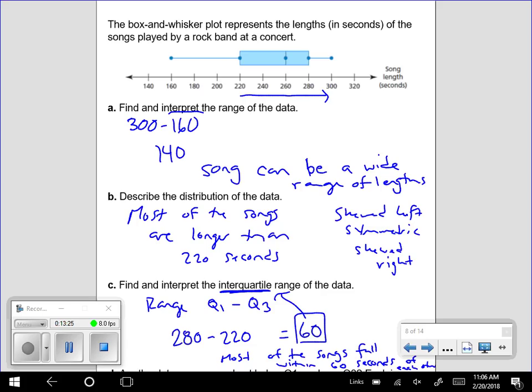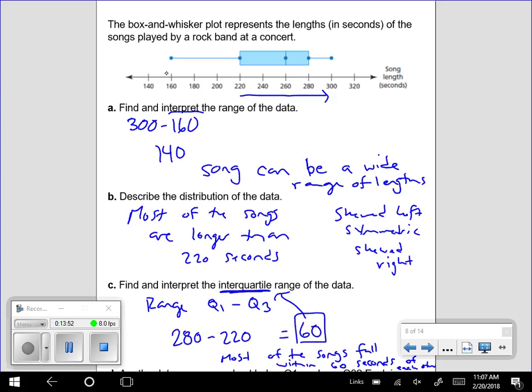And then there's one question you can't see down here that you'll talk about on a couple of the problems in your homework. It says, is the data more spread out below quartile 1 or above quartile 3? If the whisker is longer below quartile 1, that means it's more spread out.